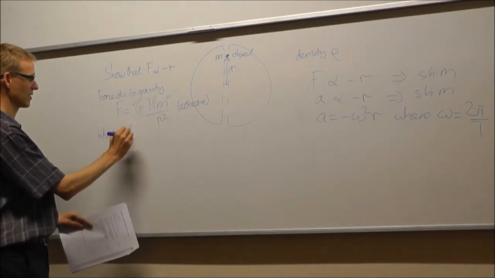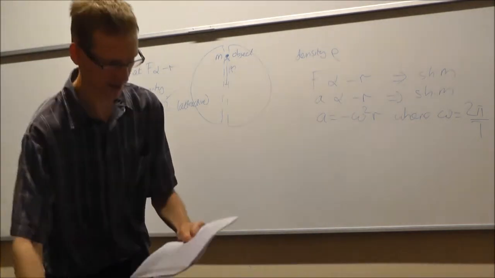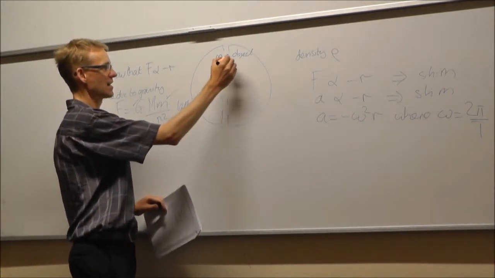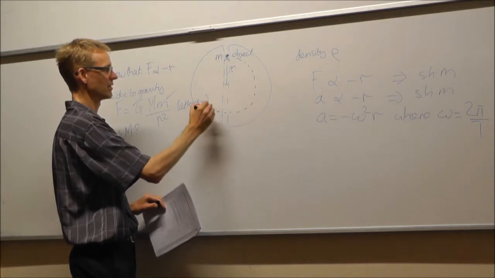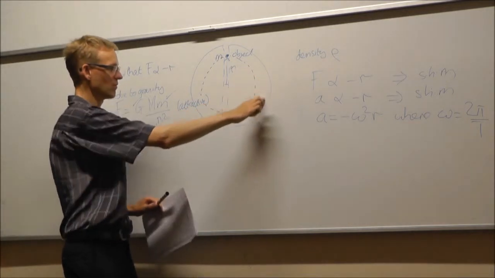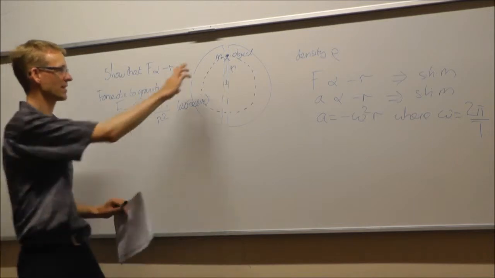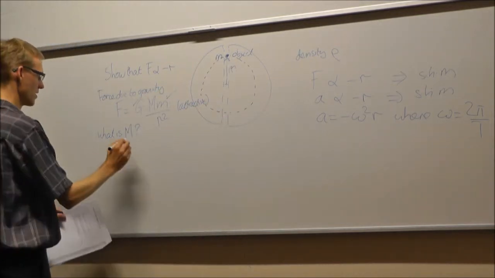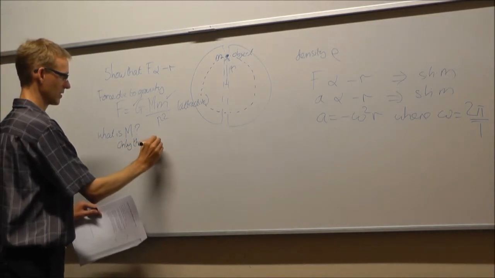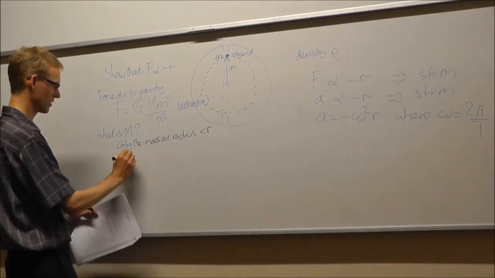Now, the question tells us in that hint that when our object is there, if we draw that circle of radius r, all that mass outside there doesn't contribute. So only the mass at radius smaller than r contributes.